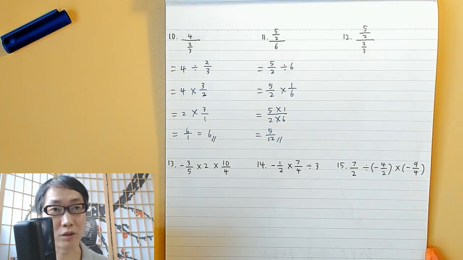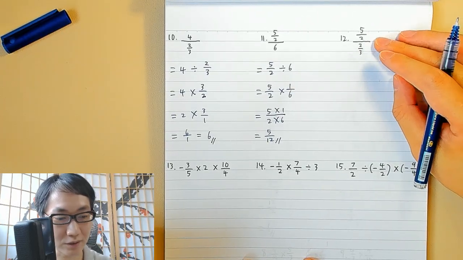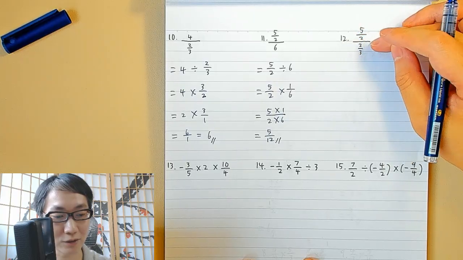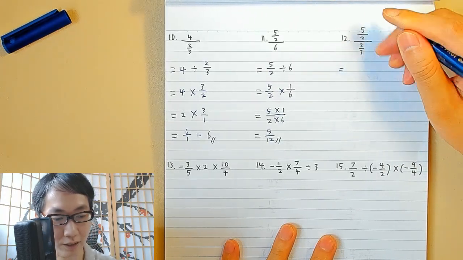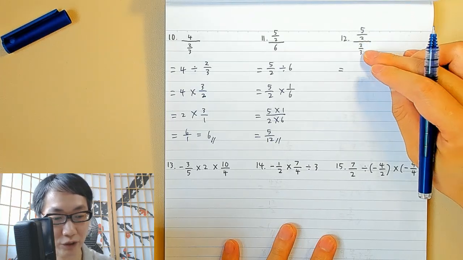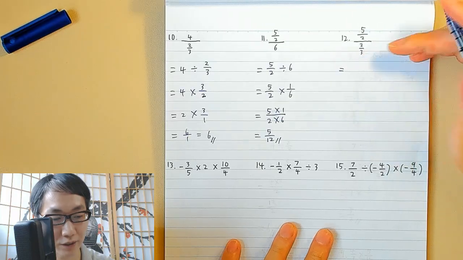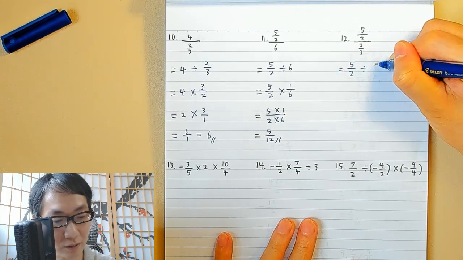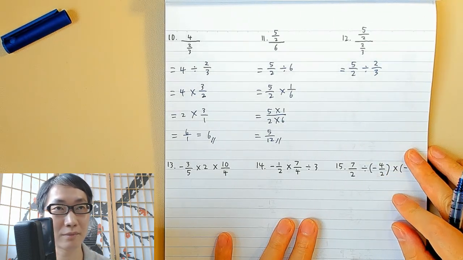Then number 12. 5 over 2 divided by 2 over 3 is what this fraction means. This longer fraction line, so this is the primary fraction. And we do not move the secondary fractions, which are the 5 over 2 and 2 over 3. So this equals 5 over 2 divided by 2 over 3. Okay.